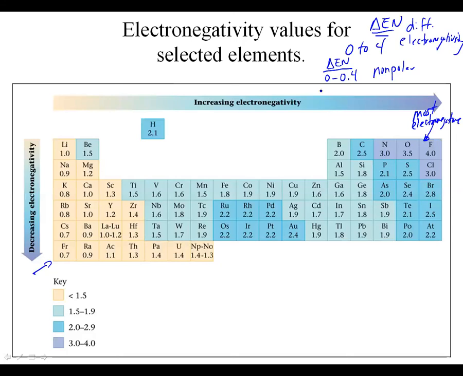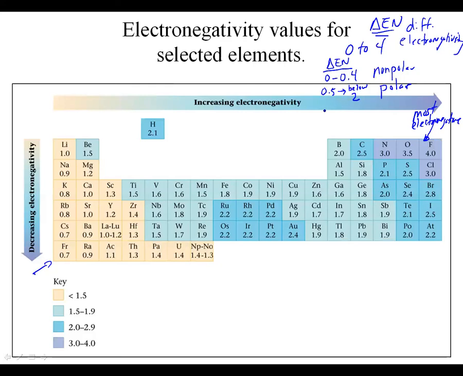If the difference is above 0.4, so about 0.5 to below 2, it is considered some type of polar bond, which means the electrons are going to be shared, but unequally. That's what gives us a partially positive side and a partially negative side.